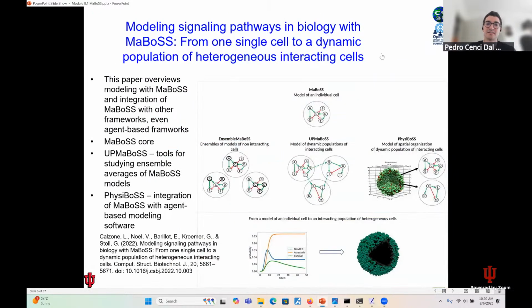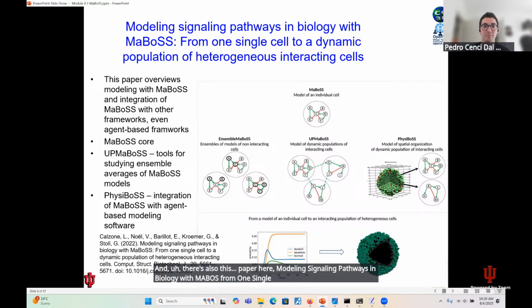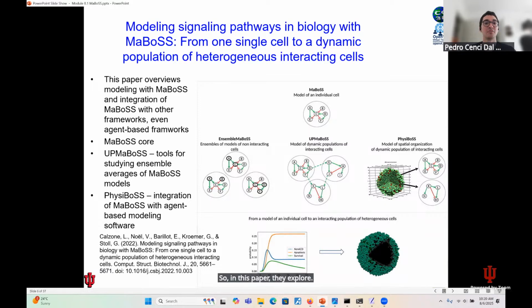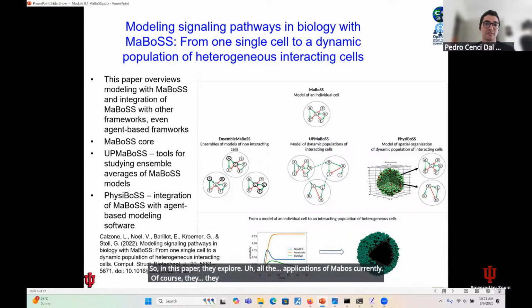And there's also this paper here, Modeling Signaling Pathways in Biology with MaBoSS from one single cell to a dynamic population of heterogeneous interacting cells. So in this paper, they explore all the applications of MaBoSS currently. Of course, they do not talk about CompuCell and MaBoSS integration because that's more recent.